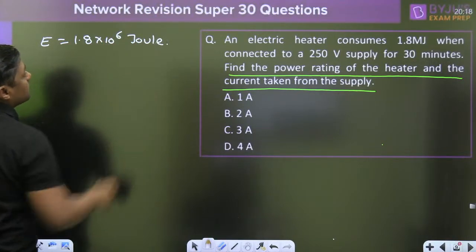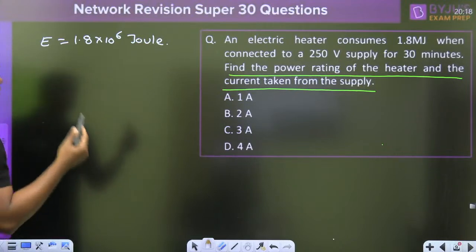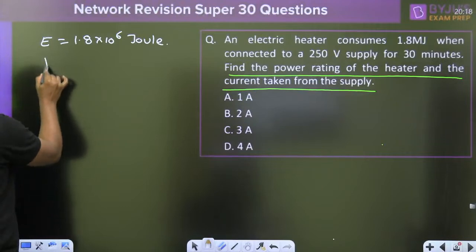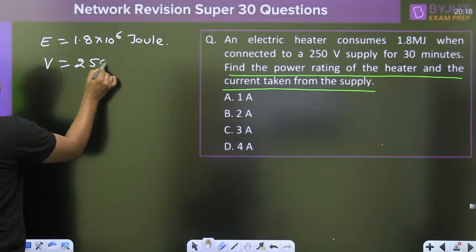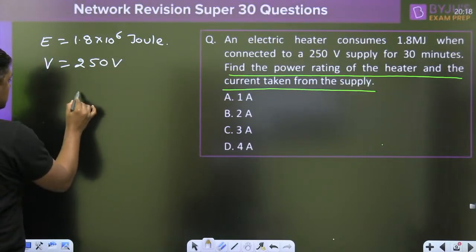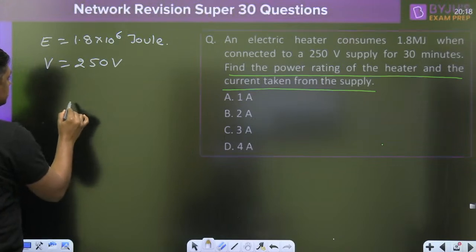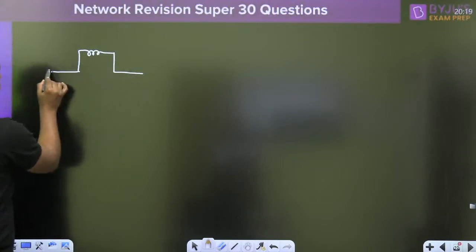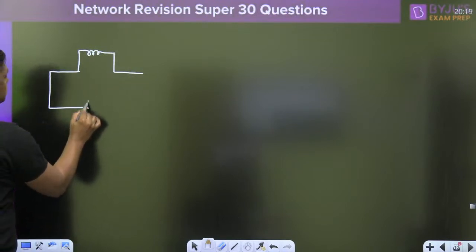That is the energy. The 250 volt is the supply voltage. So that is the heater connected to the 250 volt supply.